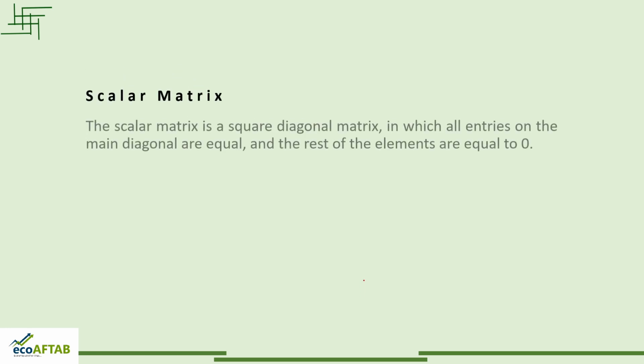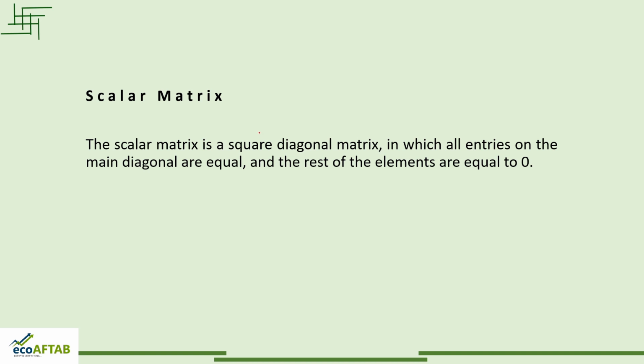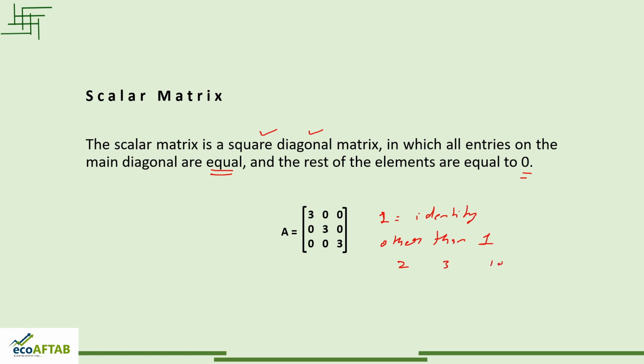Scalar matrix. The scalar matrix is a square diagonal matrix in which all the entries on the main diagonal are the same and the rest of the elements are 0. So here if it is 1 1 1, if it is 1 in the diagonal, it becomes an identity matrix, but if it is other than 1, it can be 2, it can be, as in the example, 3, it can be 10, it can be anything.